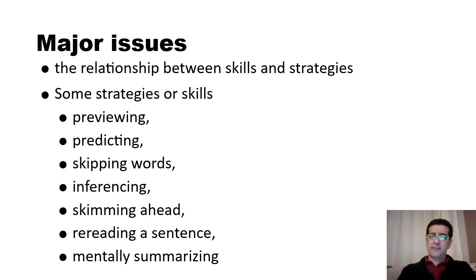Strategies are commonly defined more simply as processes that are consciously controlled by readers to solve reading problems. However, this interpretation does not adequately capture what the fluent reader does while reading.